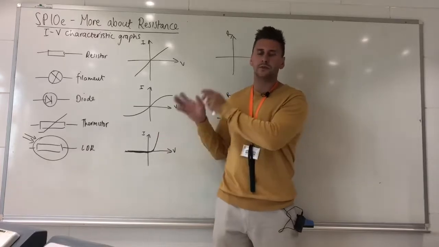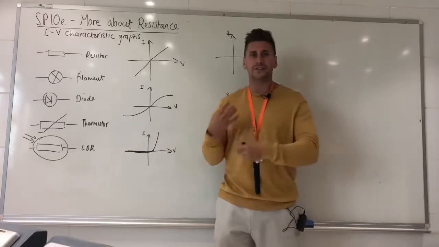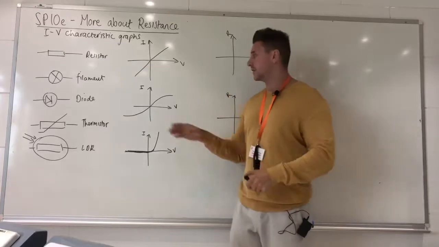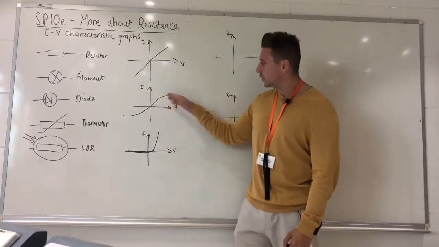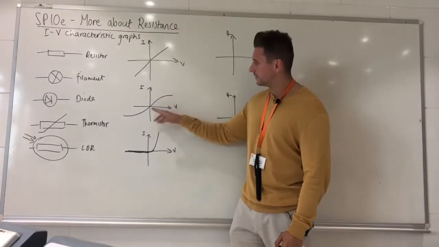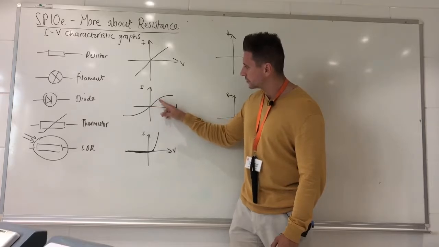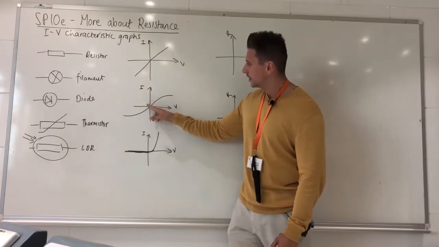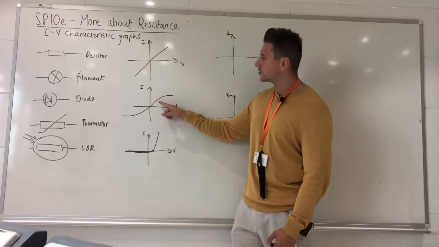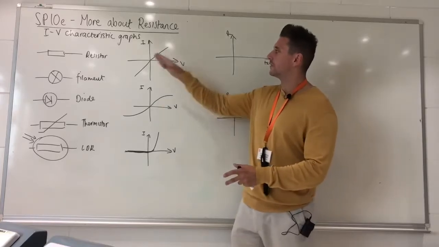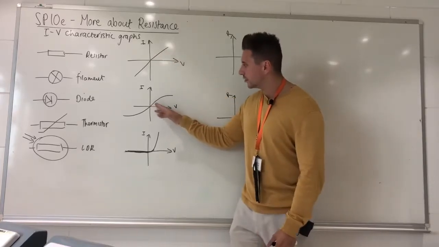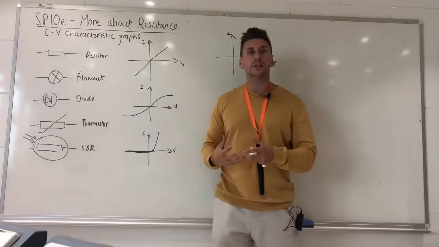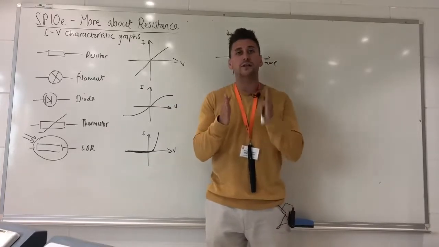What's the relationship between voltage and current as you pass current and change voltage in a circuit with a filament lamp? So just quickly describing this graph. For the first values of increasing voltage, the current increases, and it looks very similar to the IV for the resistor. So you could say that current is directly proportional to voltage for the low voltages in a filament lamp.